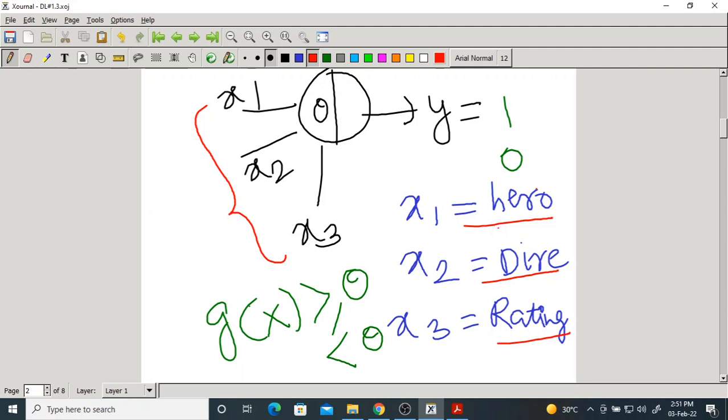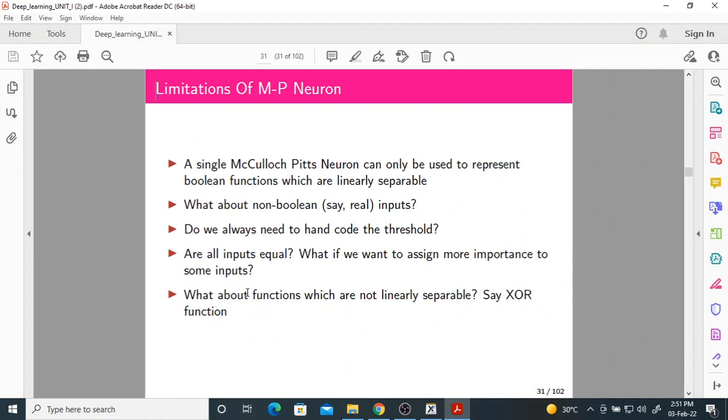What matters is the hero or heroine. That is not possible in the MP neuron because all are given equal priority or importance. We cannot assign more importance to any input or less importance to any other input. All inputs are treated equally. That is the drawback of the MP neuron.